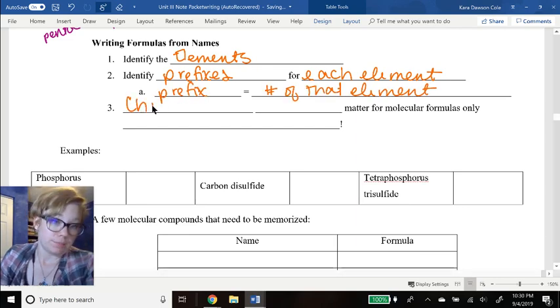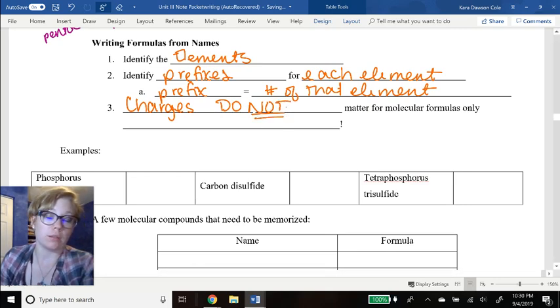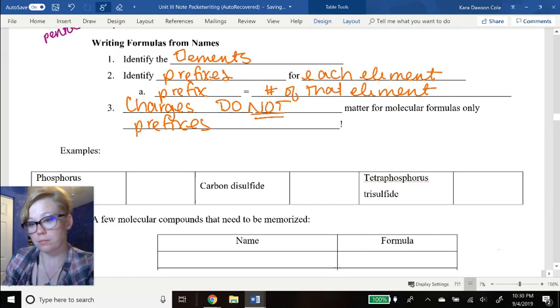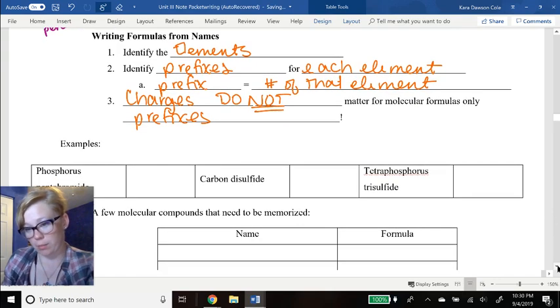Charges do not matter for molecular compounds or molecular formulas. Only the prefixes matter. Okay.